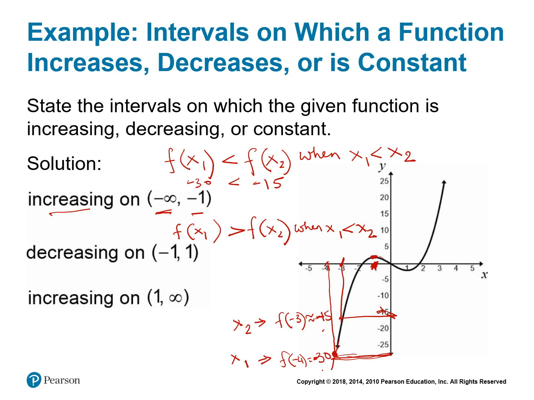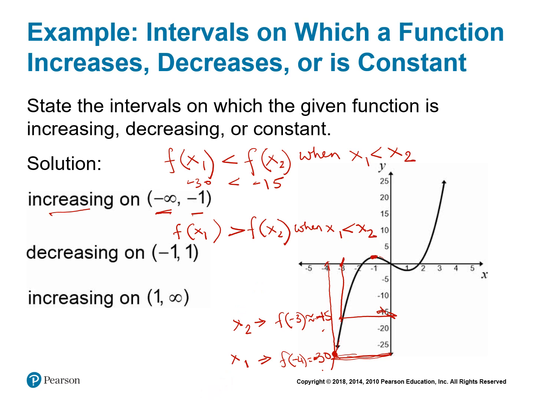So if our x sub 1 is negative 1, let me just use the eraser to show this value here. If negative 1 is x sub 1, and 0 is greater than x sub 1, right?